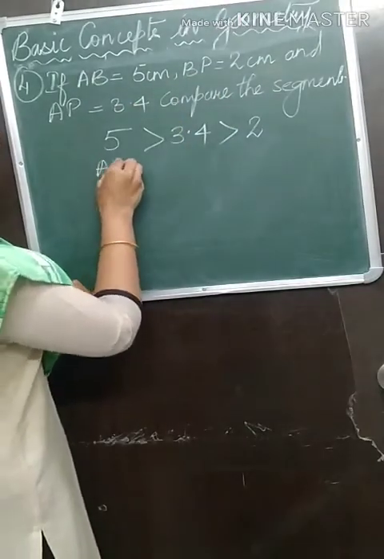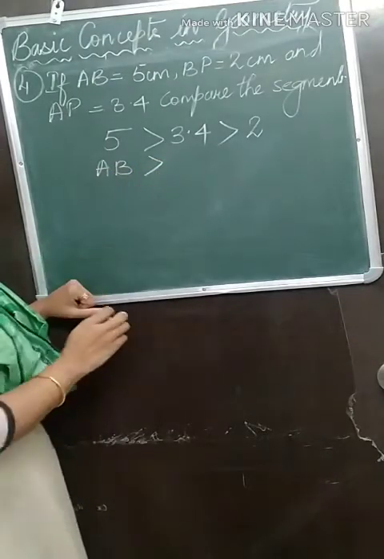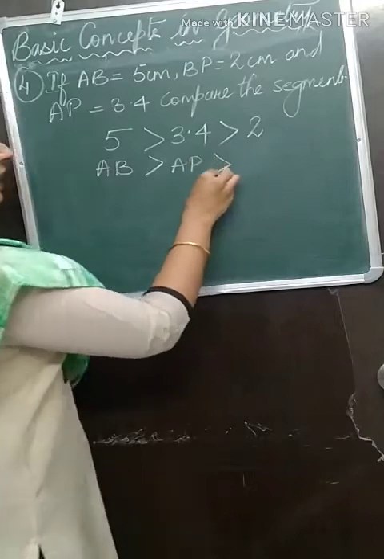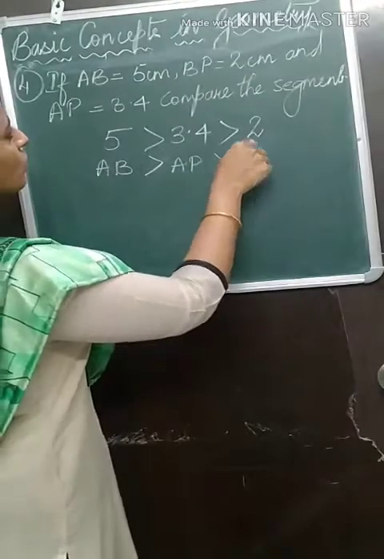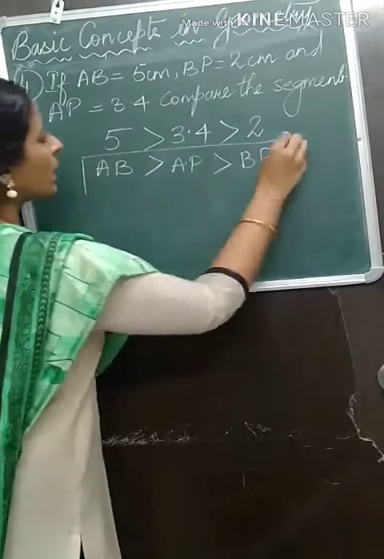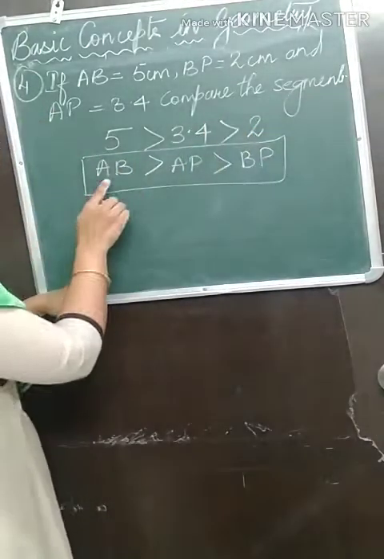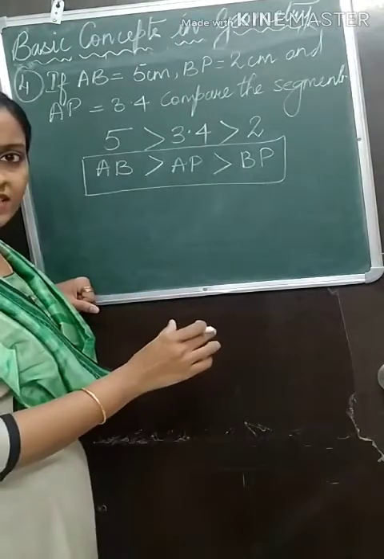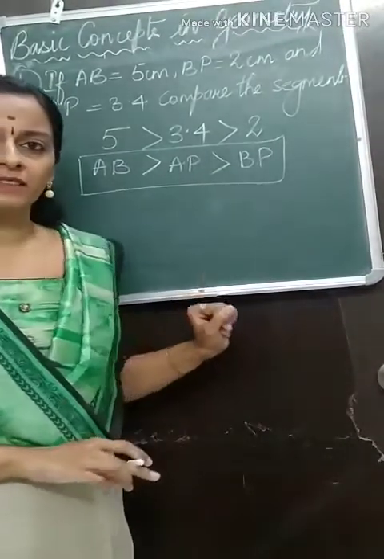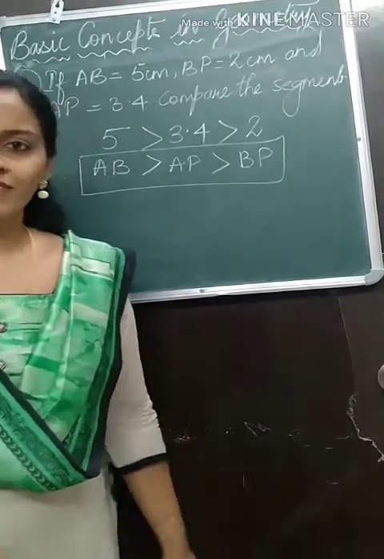AB. So AB greater than, 3.4 is AP, greater than, which segment's length is 2? BP. This is the comparison of the segments. Segment AB is the longest segment and BP is the shortest segment. Simple. Make a note of it.